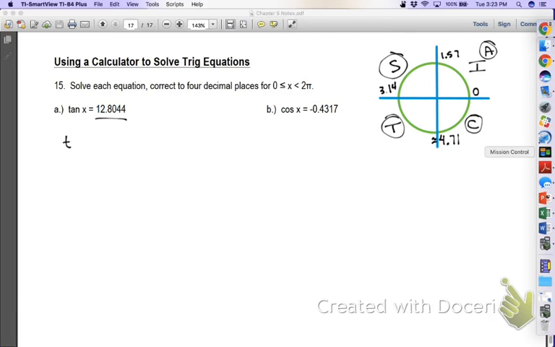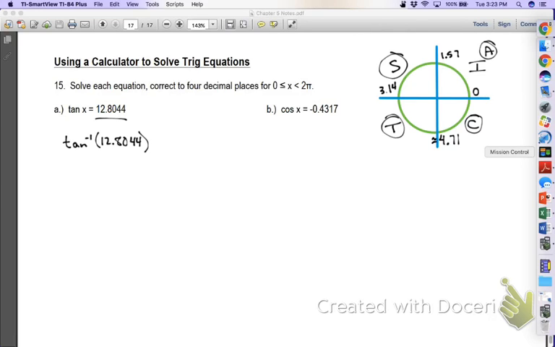I'm going to type in my calculator inverse tangent, and I'm going to type in 12.8044. And whenever I do, I'm going to take those two values and get where I'm at and go accordingly.